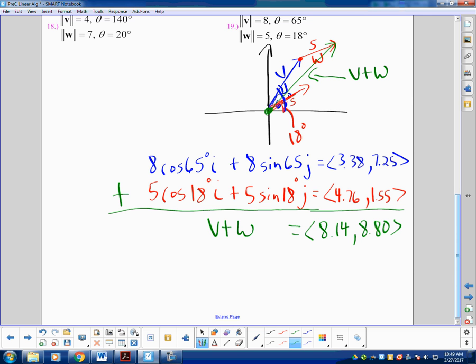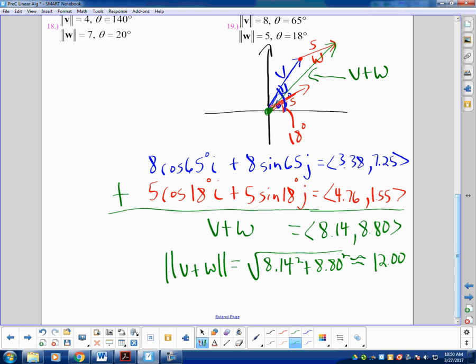I've just added them together. And so if I want to find the magnitude, v plus w is going to be equal to the square root of 8.14 squared plus 8.80 squared, which comes out pretty close to 12. I should use squiggly equals so we don't think it's exactly 12, but about 12.00.